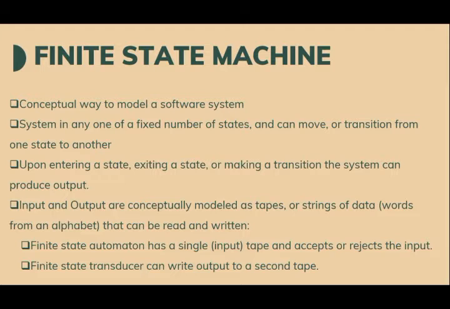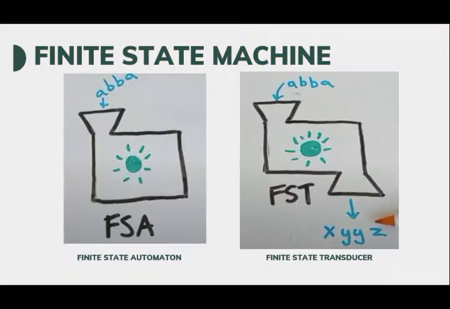Next is what we call the finite state automaton, whose tape is input only. Next is the finite state transducer, which can both take input and produce output. As you can see, the automaton either accepts or rejects, while the finite state transducer can write output to a second tape.